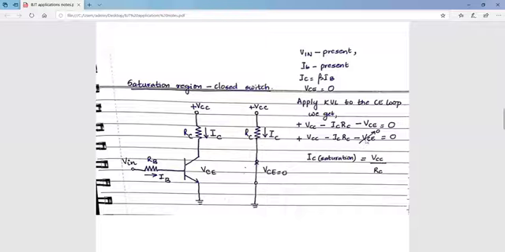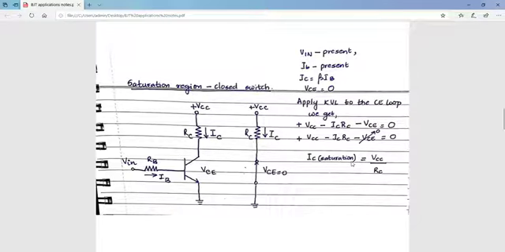Since we know that VCE equal to 0, by rearranging the above equation we get IC equal to VCC by RC.